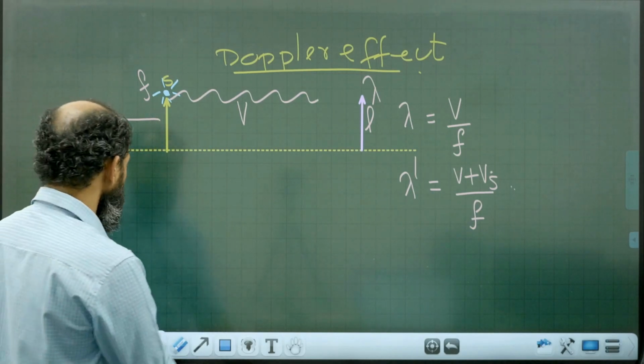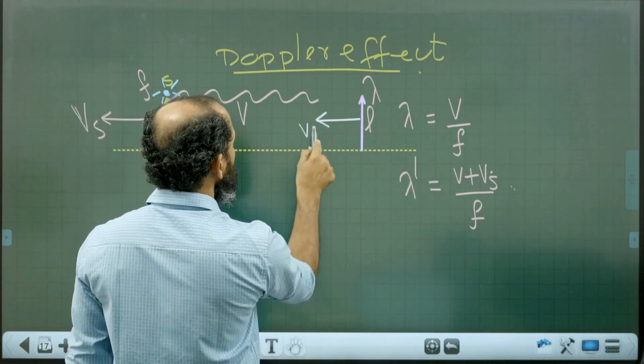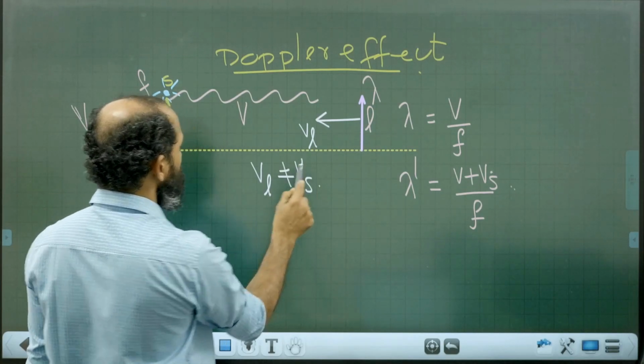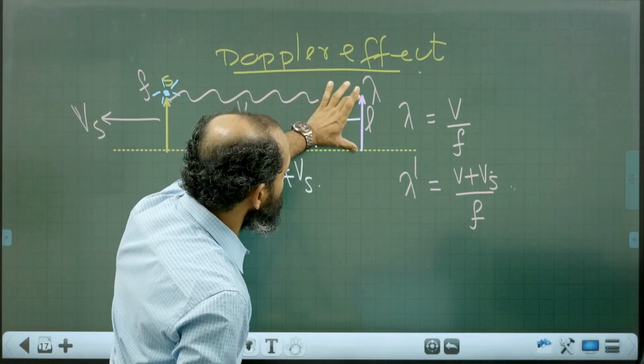Next, the third case: the listener is also moving in the same direction with unequal speeds, VL not equal to Vs. Then what is the frequency heard by the listener?